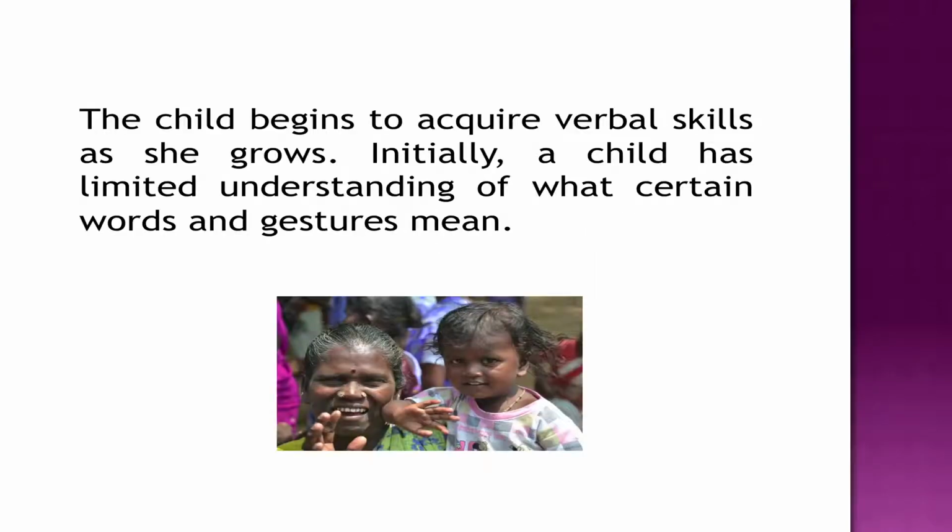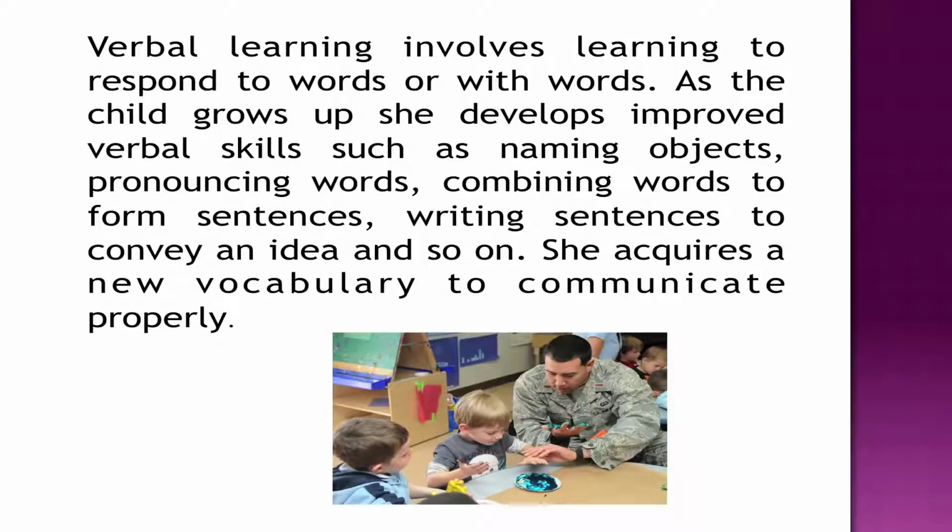The second type of learning is known as verbal learning. The child begins to acquire verbal skills as the child grows. Initially, a child has limited understanding of what certain words and gestures mean. Verbal learning involves learning to respond to words or with words.